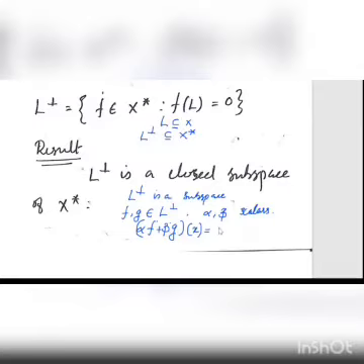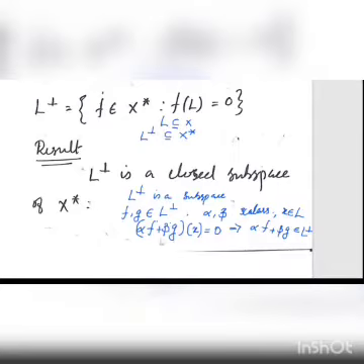Then I should take some x belonging to L also, right? So x belongs to L. Now if I prove (alpha f plus beta g) of x equals 0, it implies that alpha f plus beta g belongs to the annihilator of L. Can you follow it?